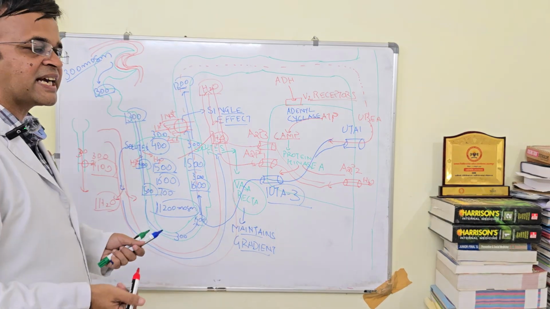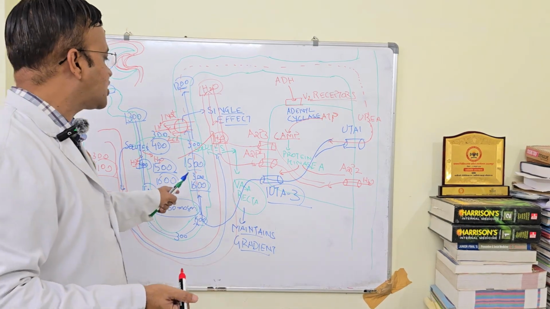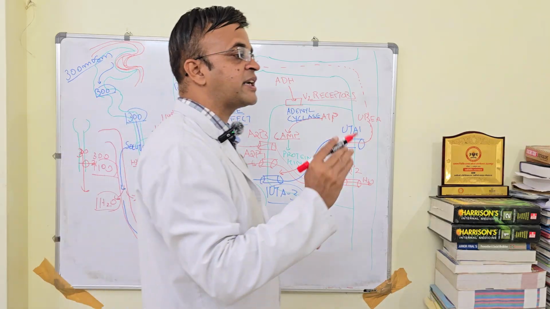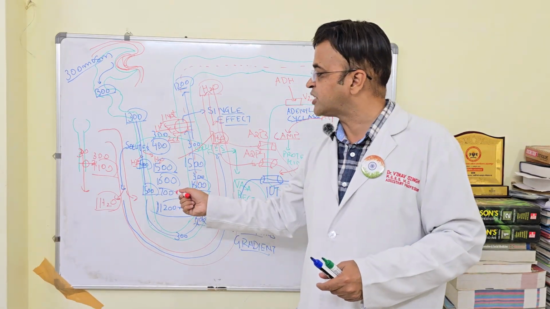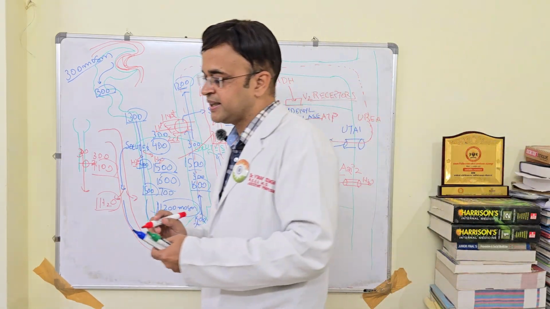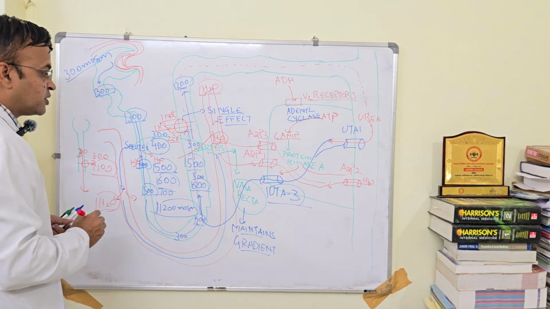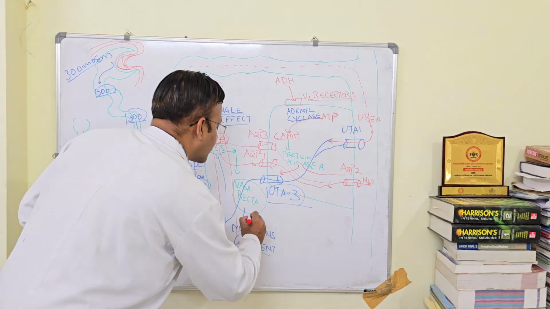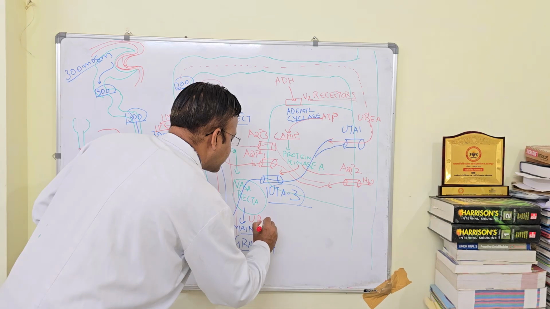Now why do we need this cycle? Because urea contributes roughly 40% to medullary osmolarity. We need urea over here because urea contributes 40% to medullary osmolarity.